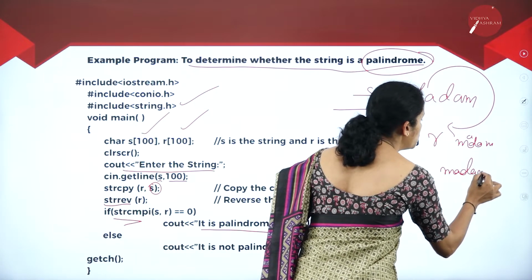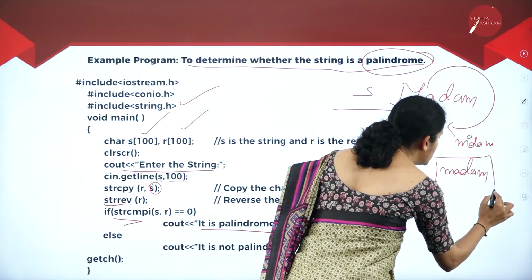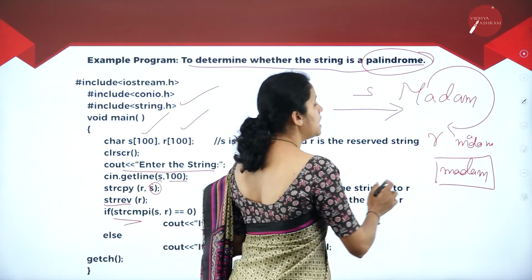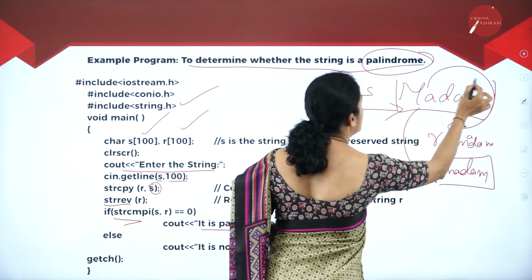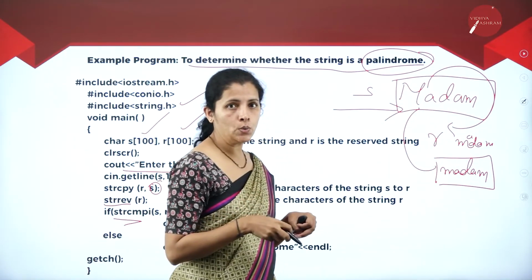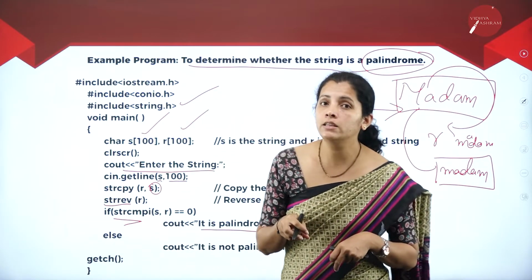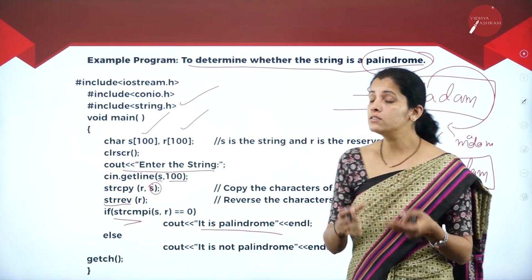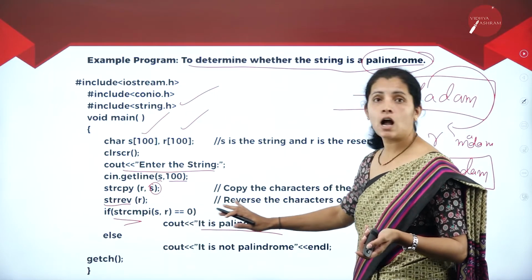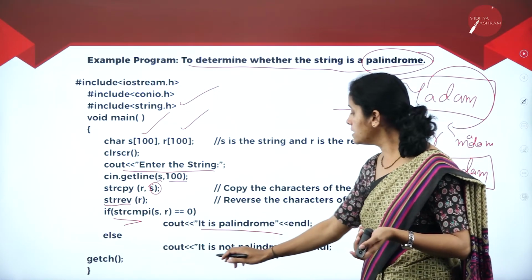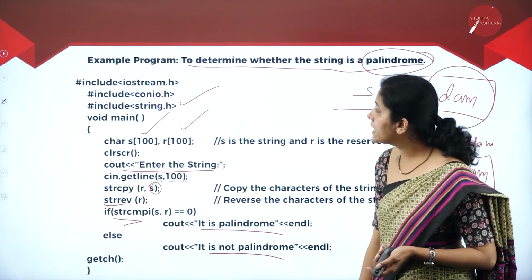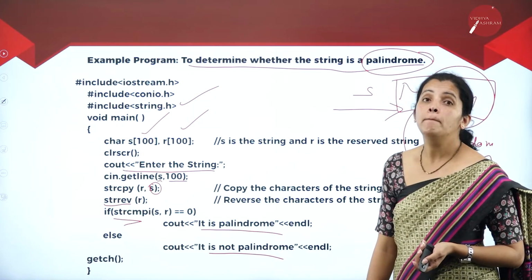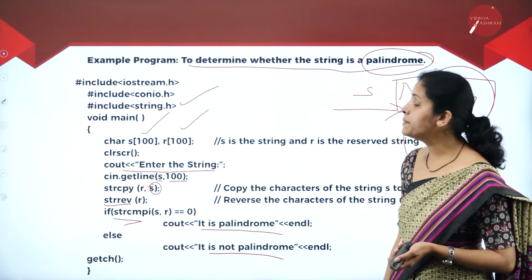After reversing, once again, I'm going to get the same string. Now, I'm going to compare this string with this string. If both the strings are equal, then I'm going to get the message or result that the strings are palindrome. Otherwise, it is not a palindrome. So this is the way I can use built-in functions in my program.